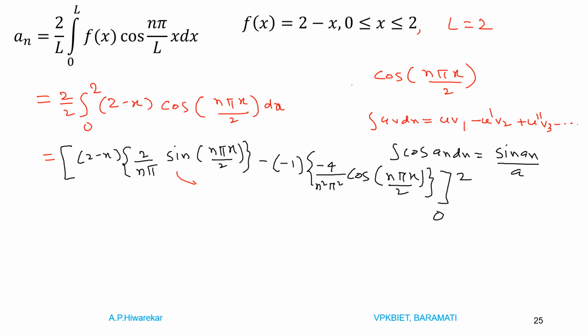This first term becomes 0. Why? Because we know sin of 0 is 0, and when we substitute x as 2 we get sin of n pi, and sin of n pi is also 0.